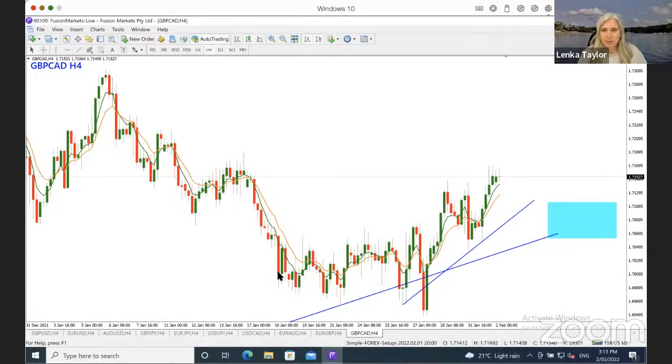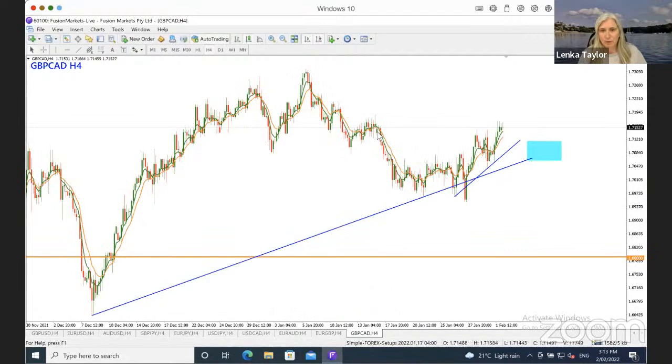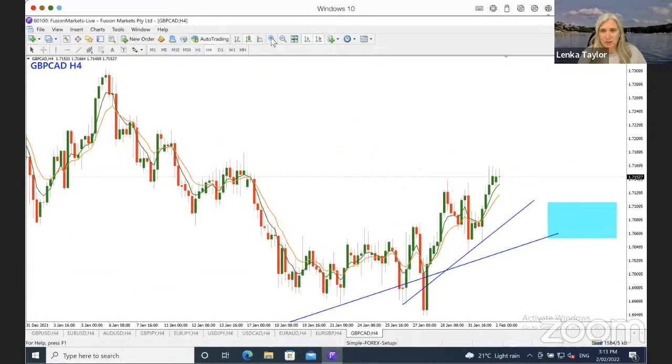The next one is GBP CAD. On this currency pair, I was looking for a long. I did actually enter, but afterwards the price action just did not look good with all those pushbacks. So I got out at break even, and it has continued slightly upwards, but I'm not going to re-enter it now.